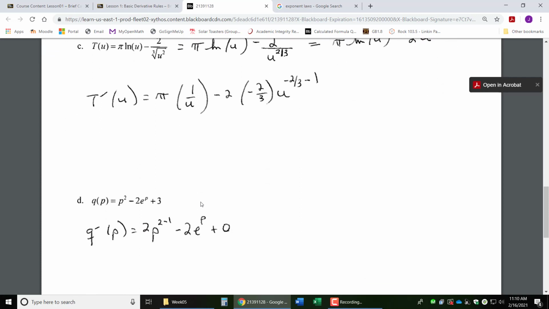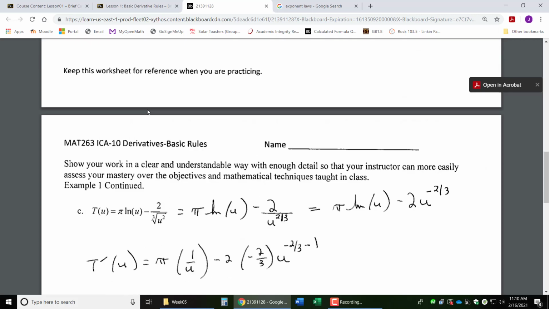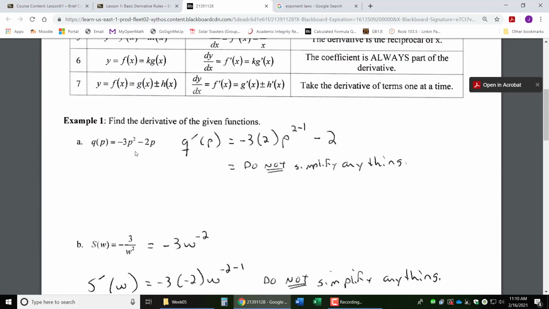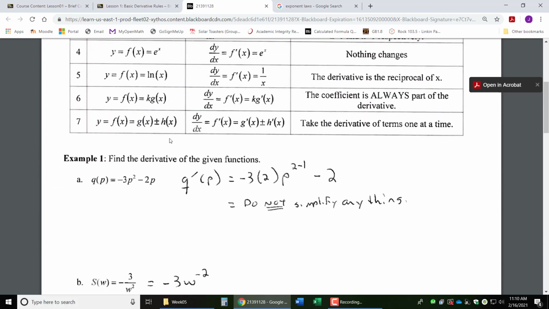Last example here, we've got the exponential. So both of these and example A are Rule 7, where you've got separate terms separated by plus or minus, and you're just applying the derivative to each of those one at a time, independent of each other.